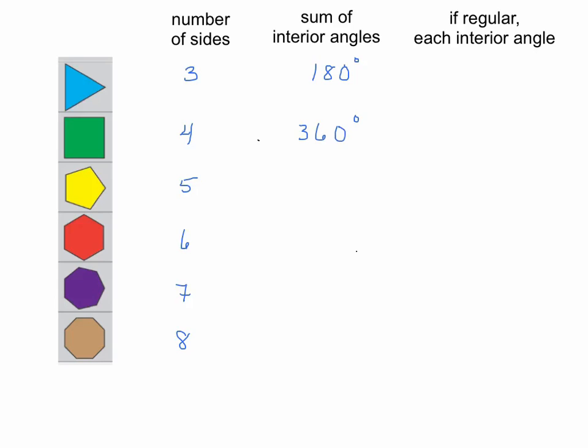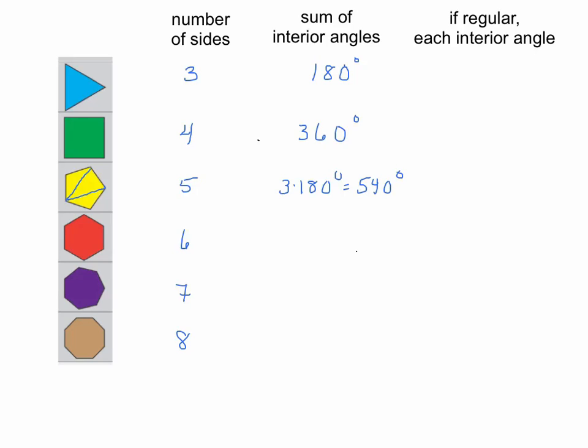So from any one vertex, you can draw diagonals. And when we draw diagonals from that one vertex, we see that we have 3 triangles. And the angles in those 3 triangles add up to all the angles in the polygon. So it looks like since we have 3 triangles, and each has 180 degrees, the total here for the pentagon must be 540 degrees.